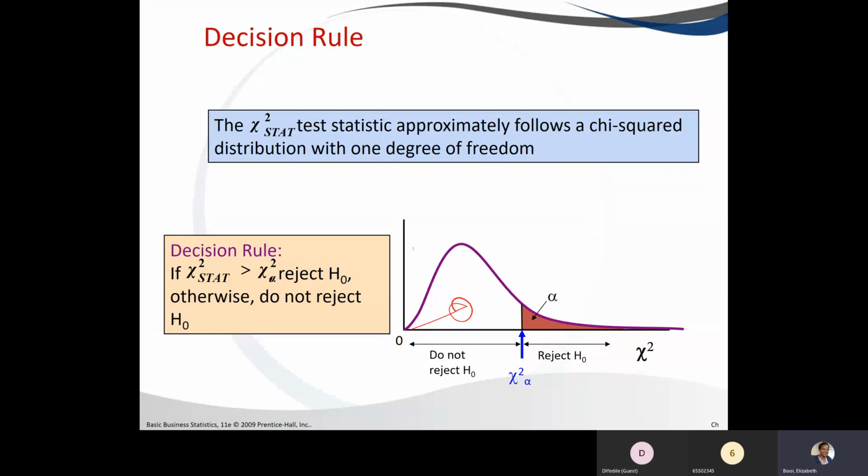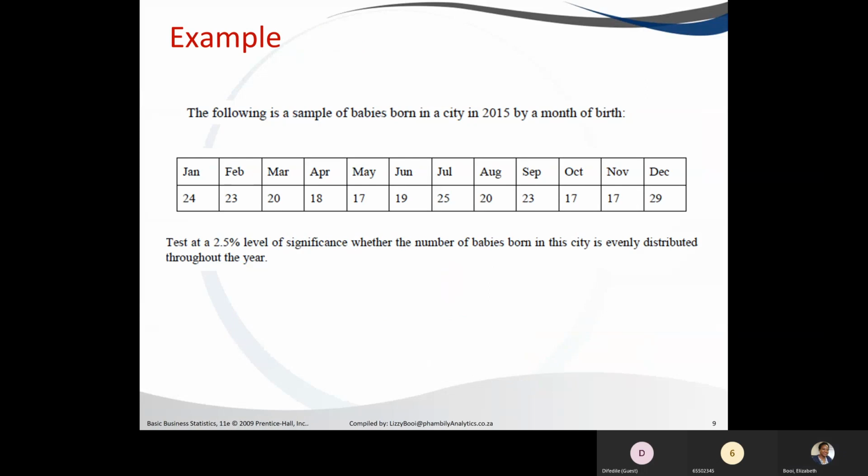Okay, so let's look at an example of how we do this. Let's say we have the following sample of babies born in a city in 2015 by month. From January until December, we have the number of babies that were born. And we want to test at the 2.5% level of significance whether the number of babies born in this city are evenly distributed throughout the year.